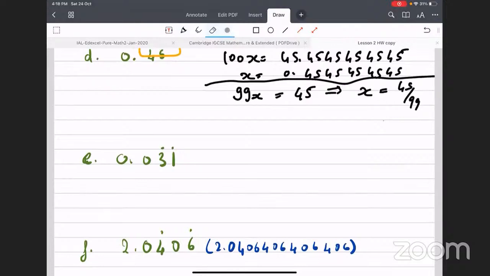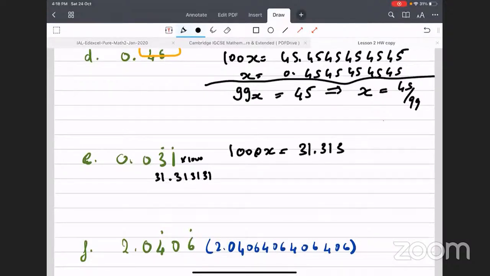Yeah, let's multiply by 1000. So 1000x would be 31.3131131 and x is equal to 0.031. So this is not correct.